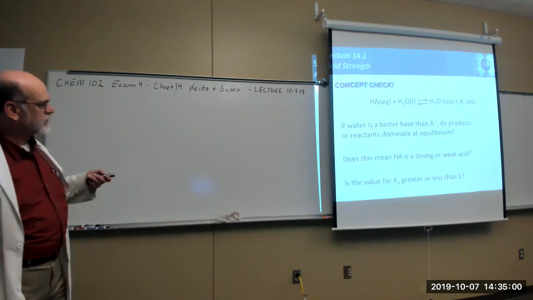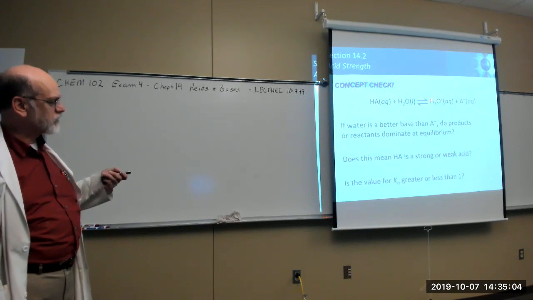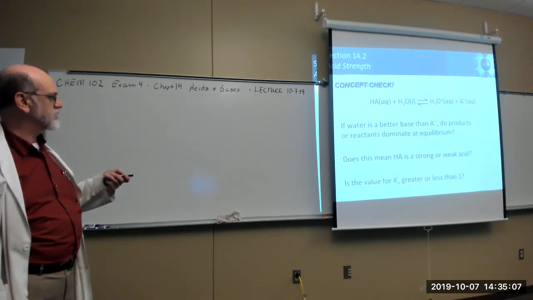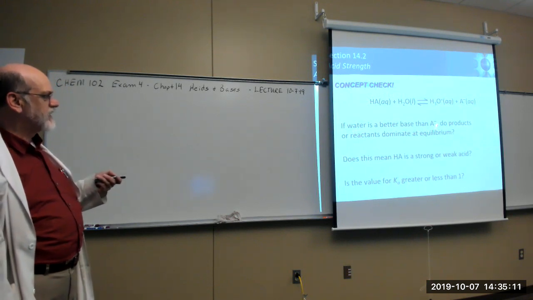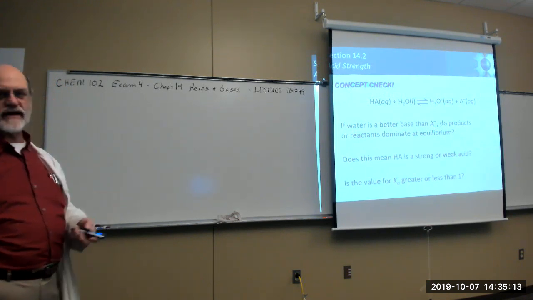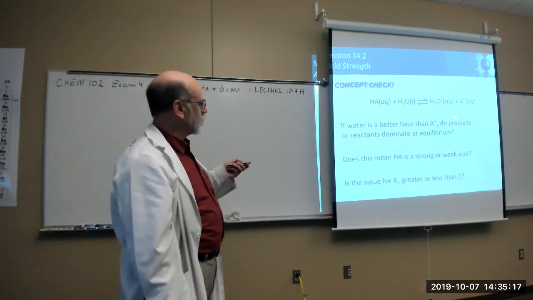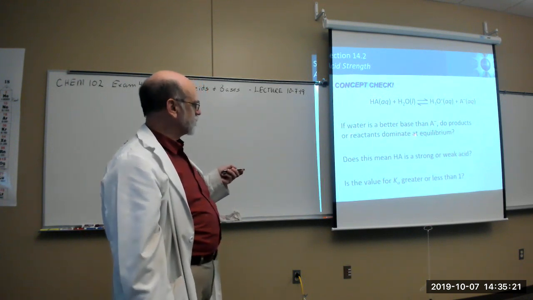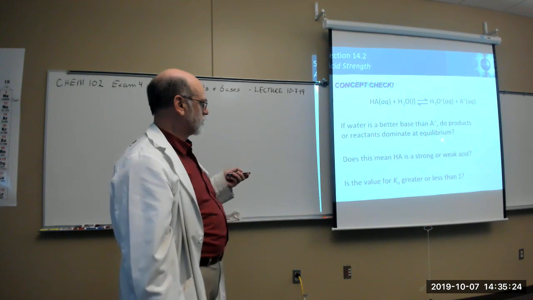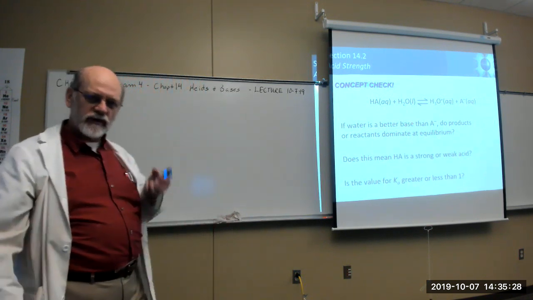For this generic equation of an acid reacting with water to produce the conjugate acid and the conjugate base, if water is a better base than A minus, and A minus is generic, it could be anything, but that's what's left over after it loses a proton. Do products or reactants dominate at equilibrium? Well, let's see. If water is a better base, what do we mean by base?